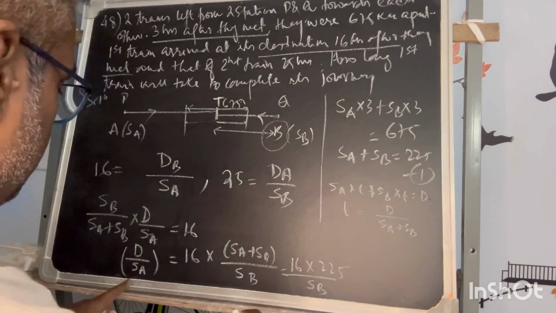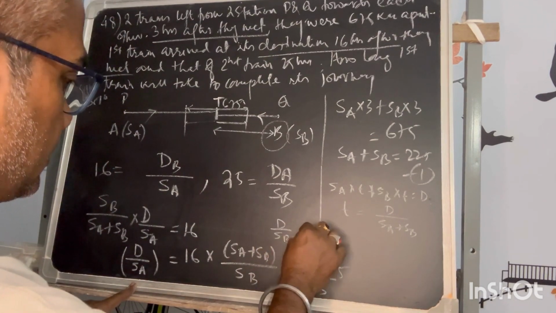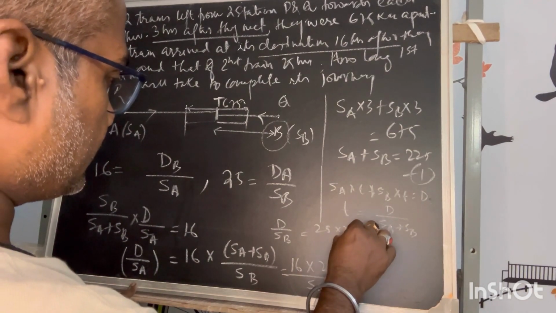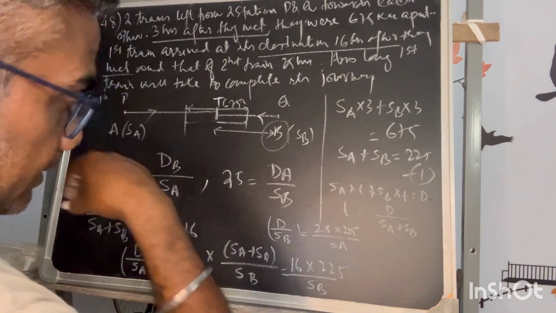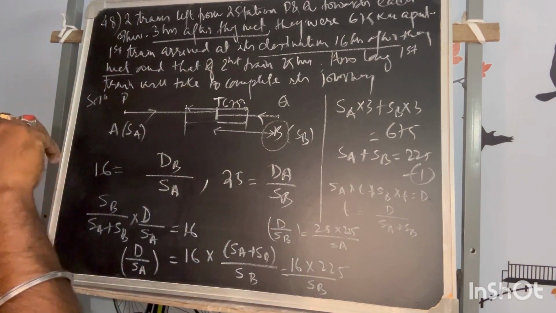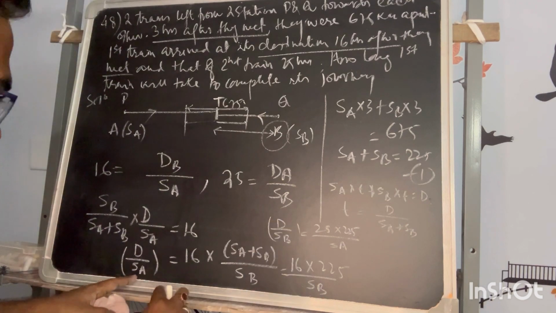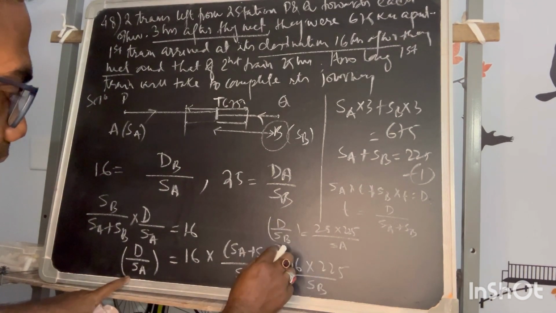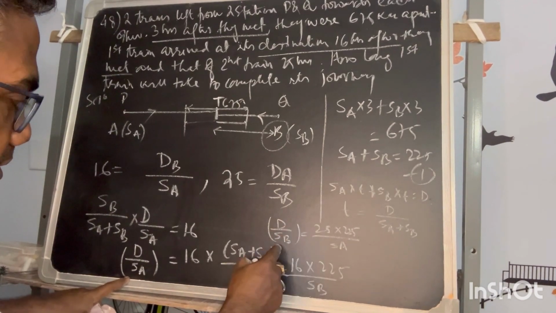So this is equal to D by SA, and D by SB I will get is equal to 25 into 225 by SA. This I will get. So now I am getting this.